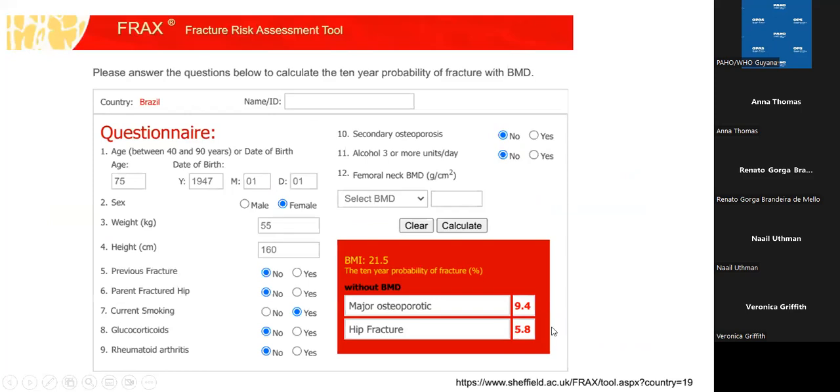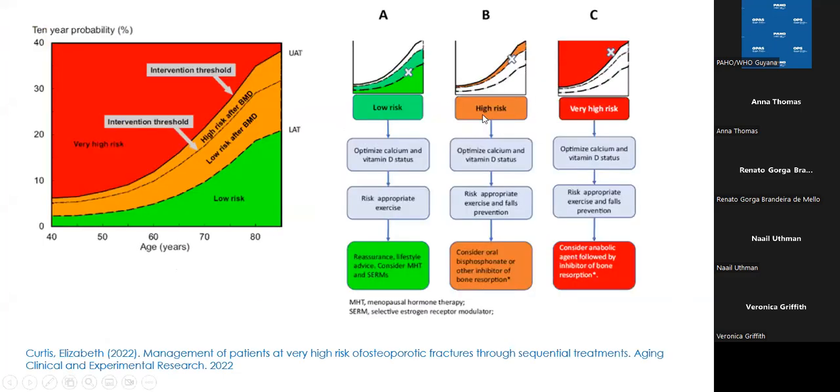As you can see here, based on the simple clinical information, I learned that my patient's 10-year probability of hip fracture is 5.8%. So I don't need any other information to categorize this patient as a high-risk patient.